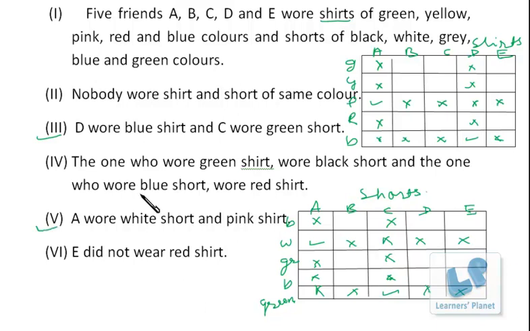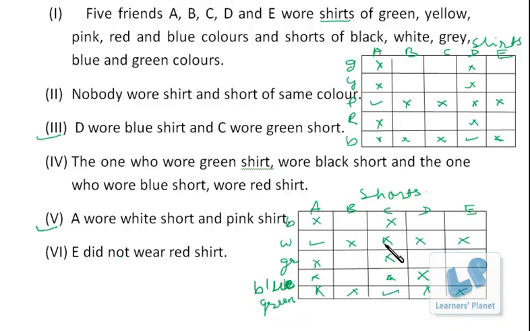Okay. Now next is nobody wore shirt and short of the same color. So first let's eliminate the same color shirt and shorts. Here we see D has worn blue shirt. That means D will not wear blue shorts. So this blue and this D, it's cancelled out, right?